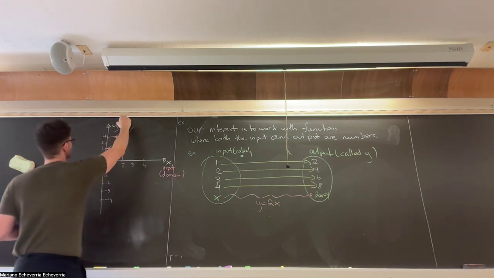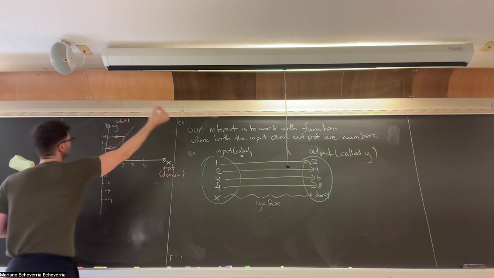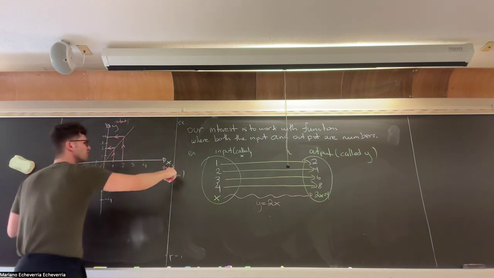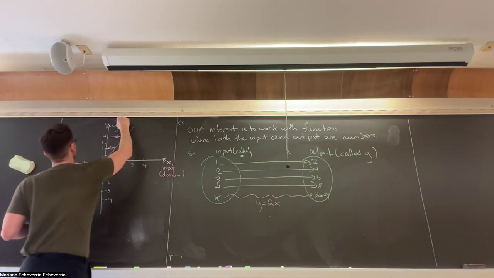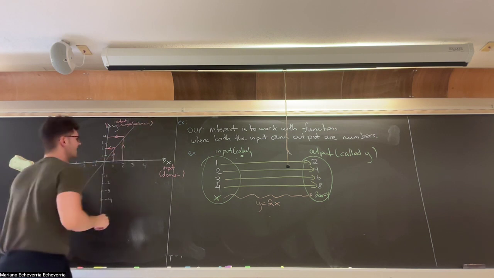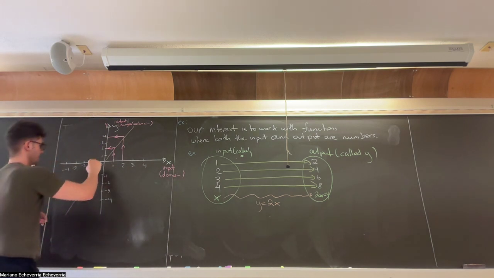And then this is the output, which is called the range or the codomain. Usually the domain is more important in this type of problem, so that's the more important name to remember.